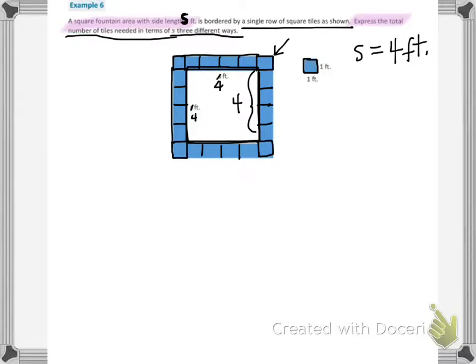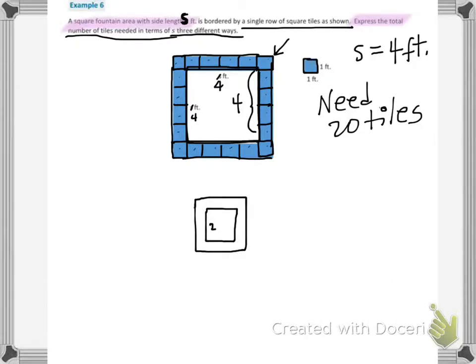We have drawn this in using our diagram, our picture, and we can see that we need 20 tiles. And that's one way we can use to figure how many tiles we need.